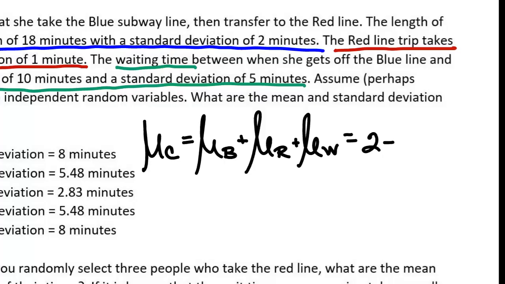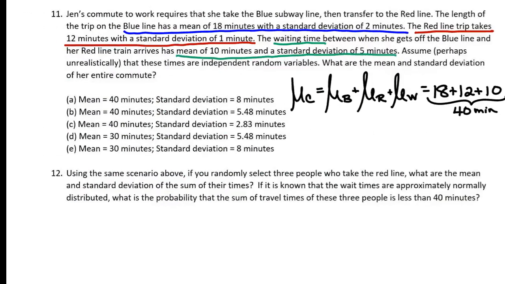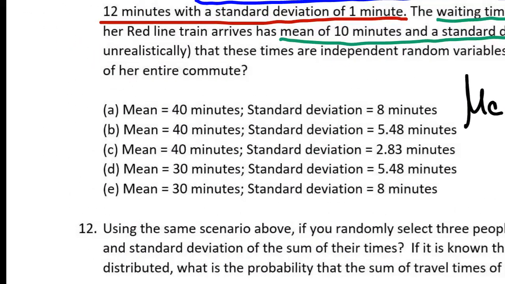Or sorry, 18 minutes, my bad. I read standard deviation. Mean for the blue line is 18 minutes. Mean for the red line is 12 minutes. And mean for the waiting time is 10 minutes. So that comes out to be what? 40. So we have a mean for the entire commute of 40 minutes. So I know it's not choice D or E because that has the wrong mean.